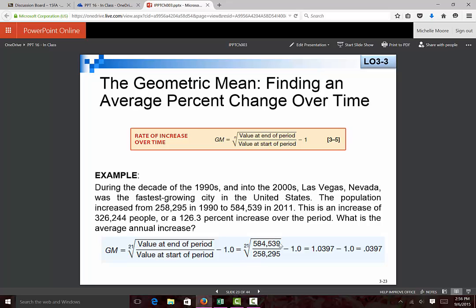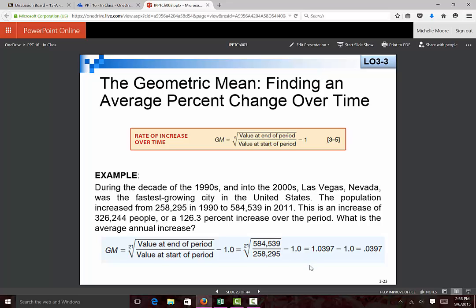Now we take the nth root of this, and 21 is actually 2011 minus 1990. So it was the difference in years. So similar to the last one, except this time we're accounting for every single year that we were accumulating over that time period. So we take this to the 21st root, and then we subtract the 1. Now, in my opinion, it's really strange. In the first equation, we don't subtract the 1, and in the second equation, we do subtract the 1.